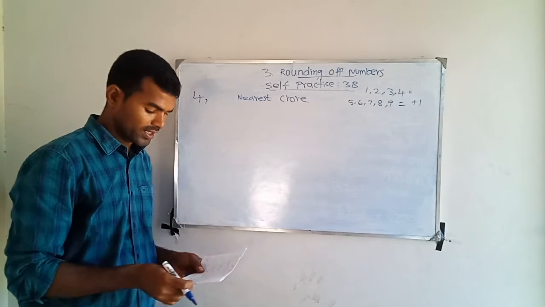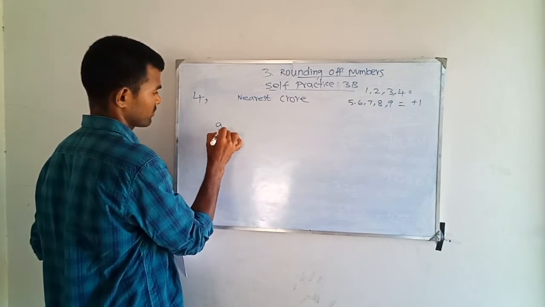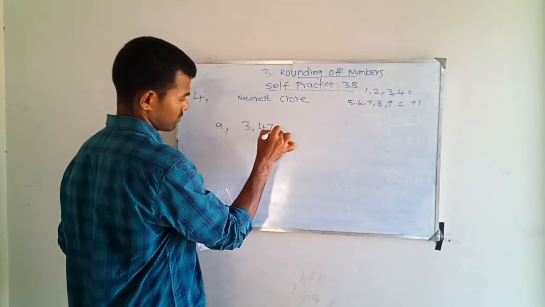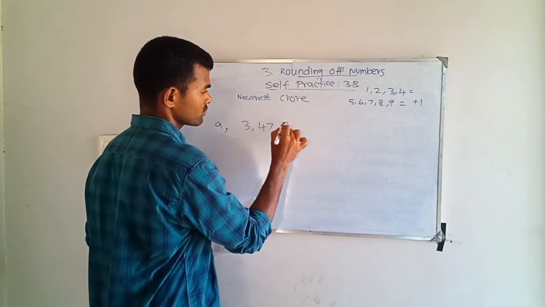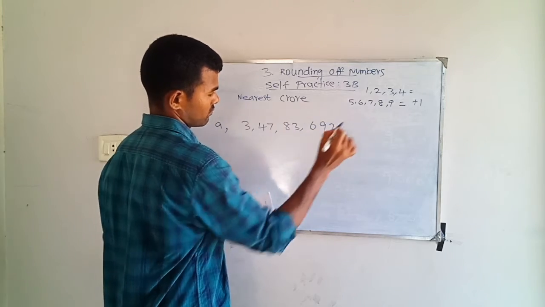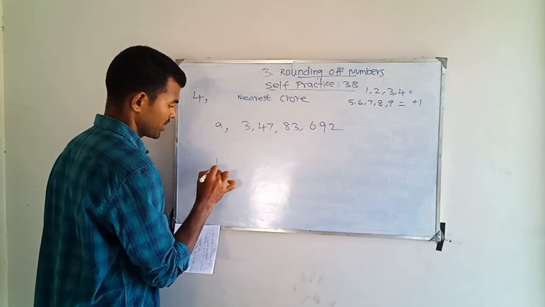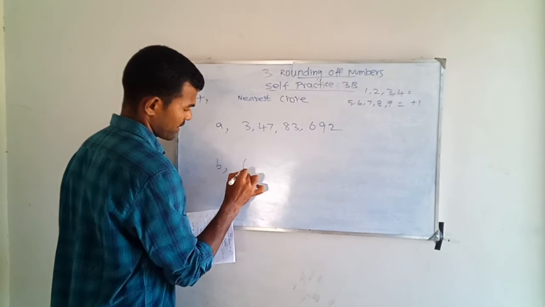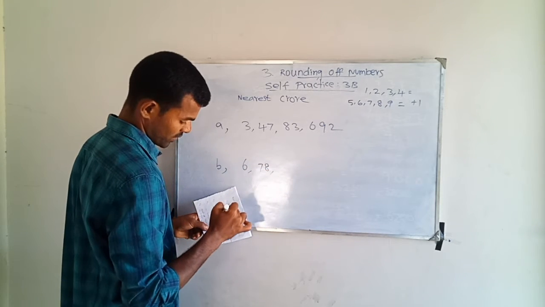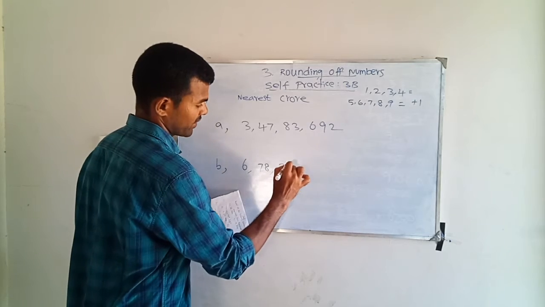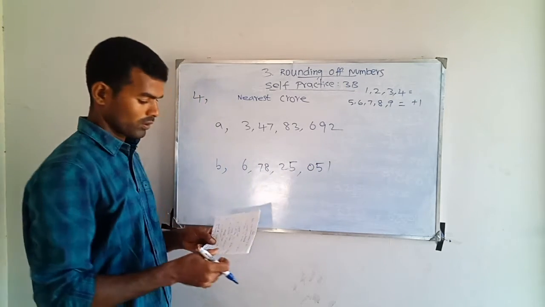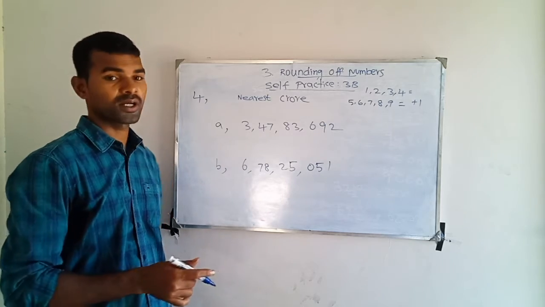The B question is 6 crore 78 lakh 25,051. So we have to find the nearest crore.